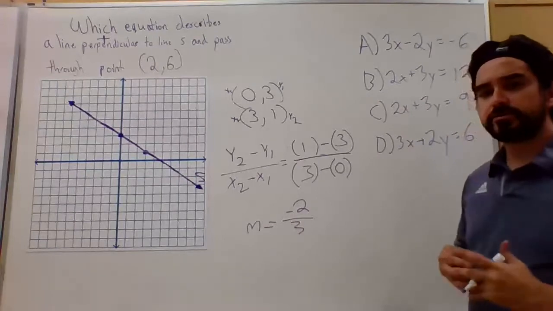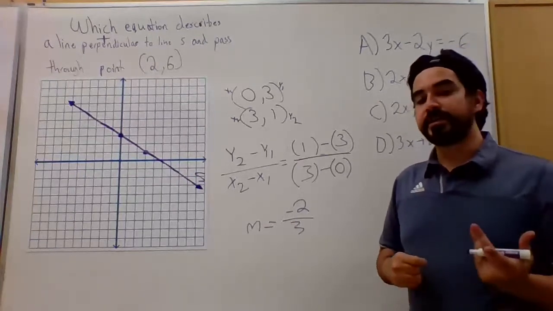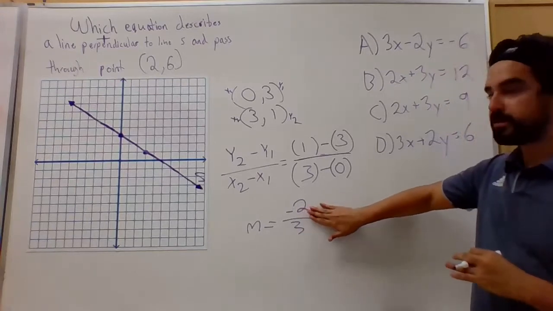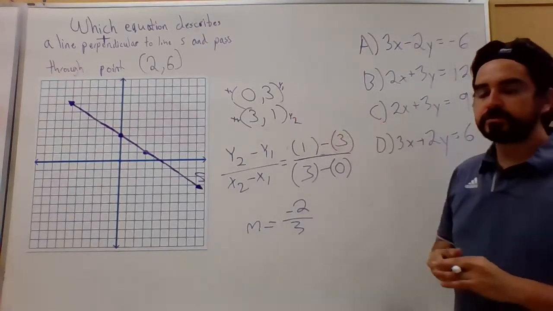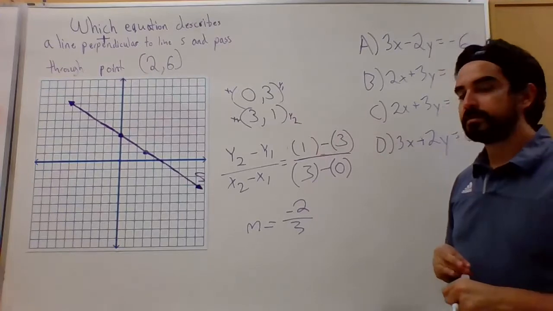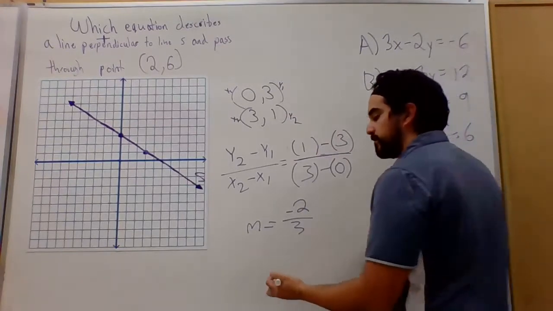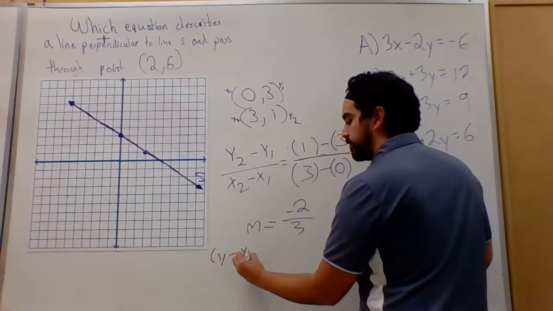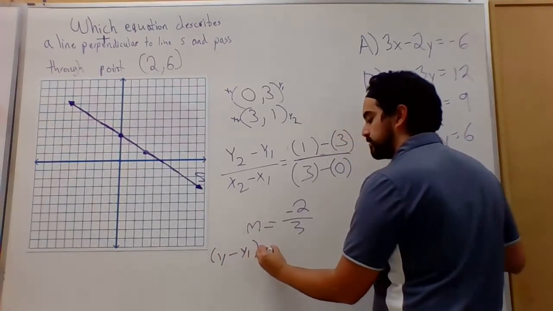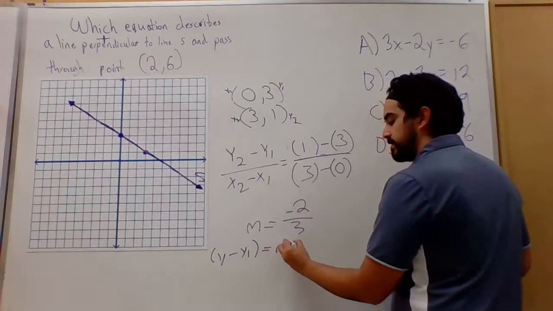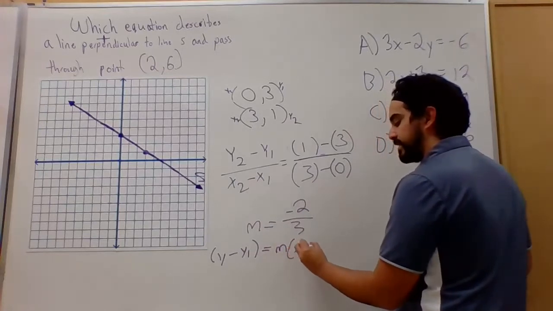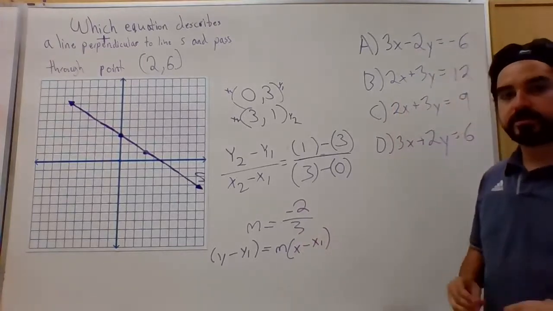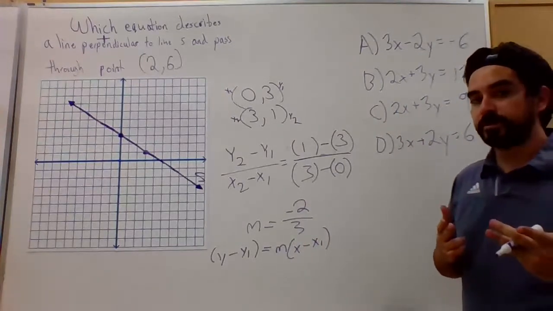So the next thing I need to do to come up with the equation is decide what form I want to use. Well, what I see is I have a slope and a point, so I think I'm going to use point slope form. And remember, point slope form is y minus y1 equals m times (x minus x1). And remember, you can pick whatever points you want to use.